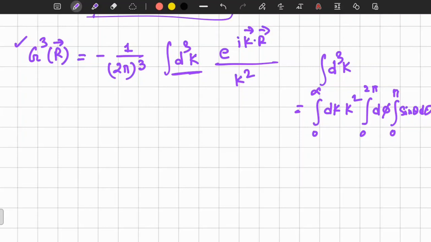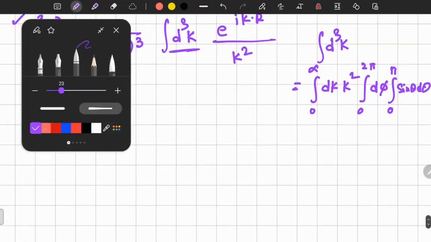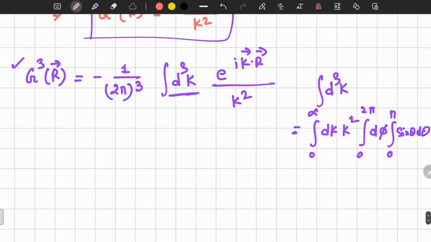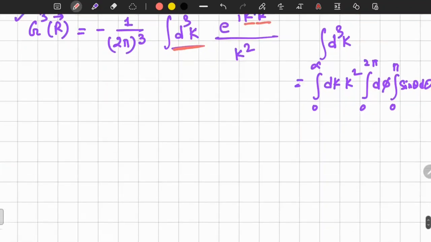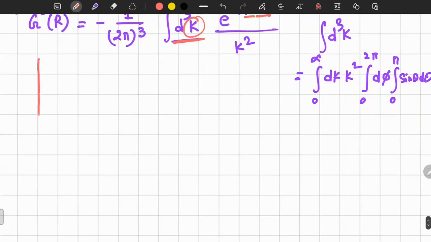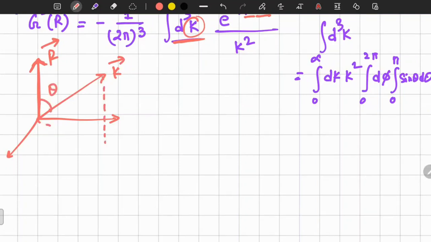Okay, so we are taking it like this. We are considering that there are two vectors, right? The r vector and the k vector. But integration is done by the variable k. k is the variable. So we are assuming this part. The r vector is acting along this axis and k is acting in a random direction anywhere. So then this angle is theta. This angle will be phi.